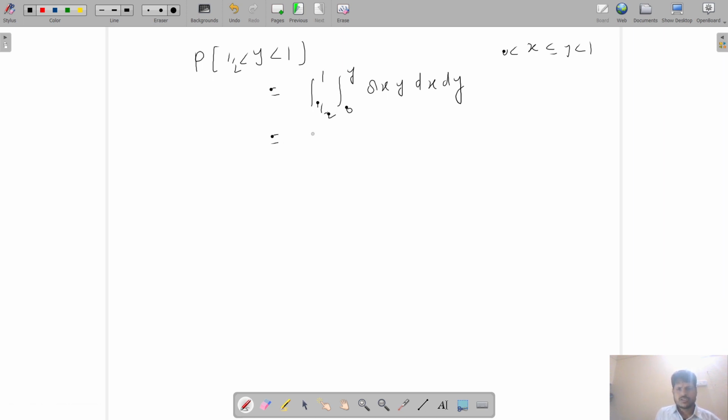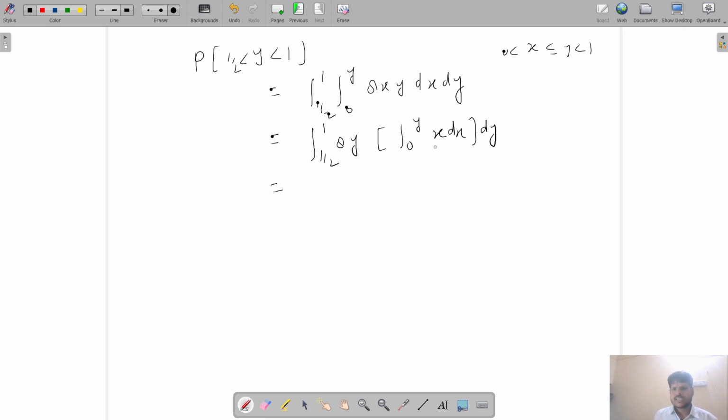So now the integration from 1 upon 2 to 1. We write 8y here. Now I am going to integrate 0 to y of x dx, that is dy, right? Because we are integrating with respect to x, we have to put the value of x.